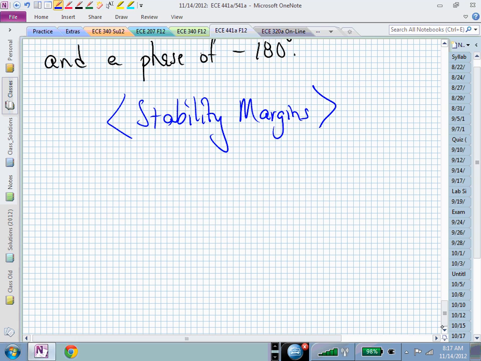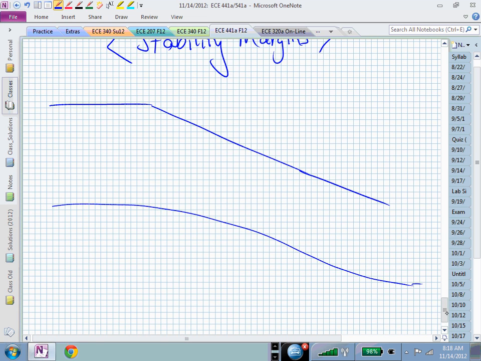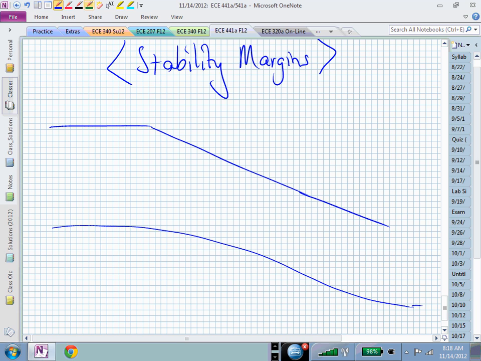So let's look at what we have. Hopefully I can sketch something that's somewhat illustrative of what's going on. Let me now just say that I have a magnitude plot that looks like this. And now let me say that my phase curve looks something like that. And I'll try to orient those.